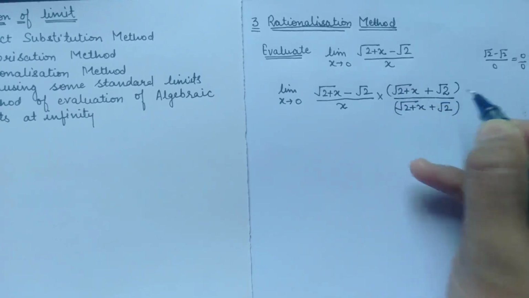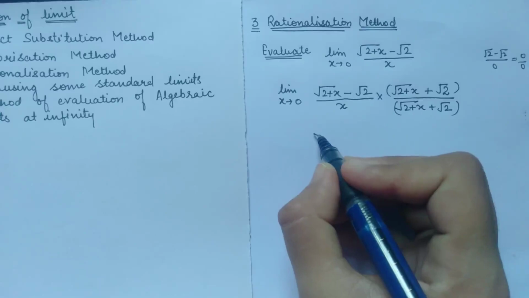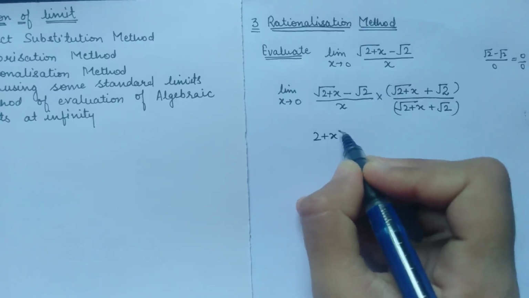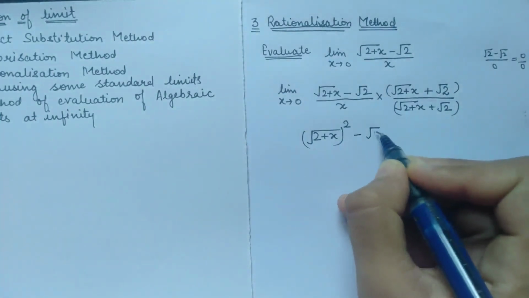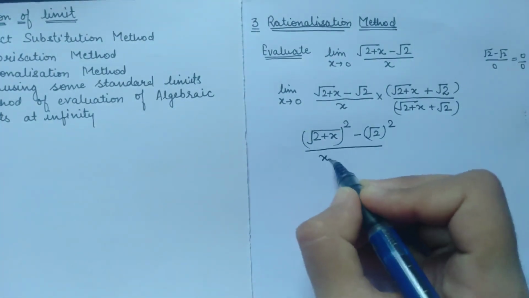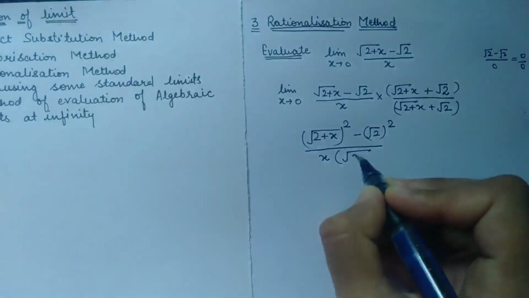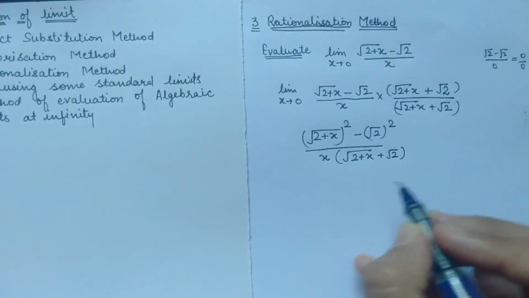From here you can see that in the numerator it is (a minus b) into (a plus b). So it will become (root of 2 plus x) whole square minus (root 2) square, divided by x into (root of 2 plus x plus root 2).